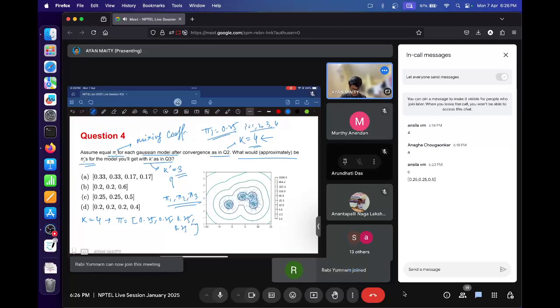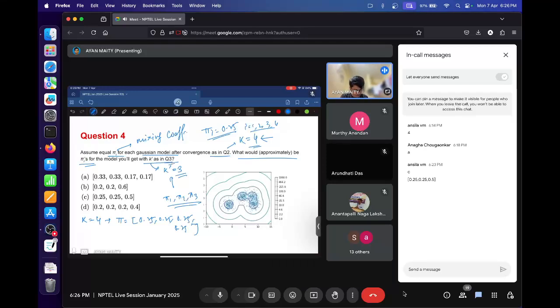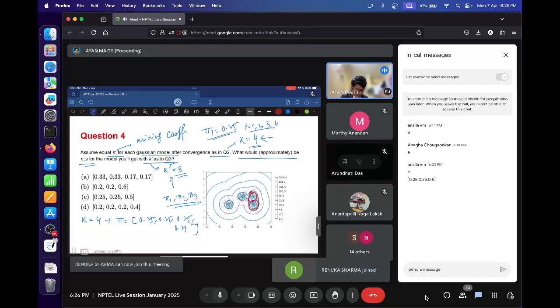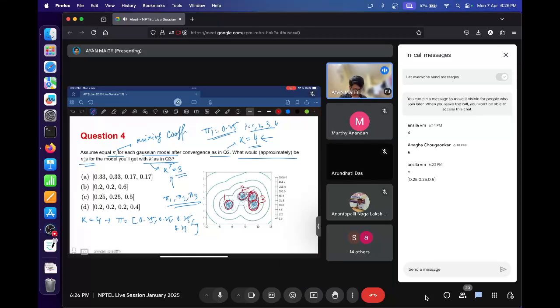And in question 3, what we discussed is that these two clusters are very close to each other, and we can merge these two into one to reduce the number of clusters. So in that case, there would be 3 clusters. This is 1, this is 2, and this is 3. So the third and fourth clusters would be merged into one cluster, cluster 3.